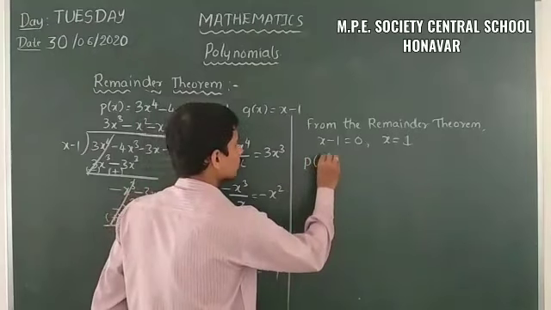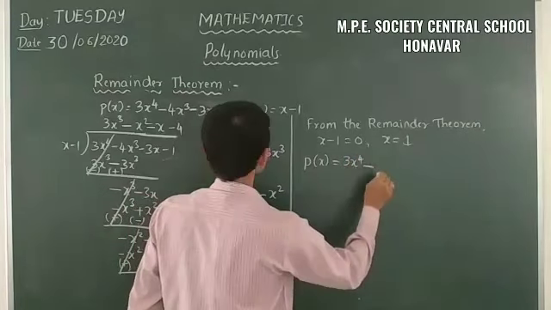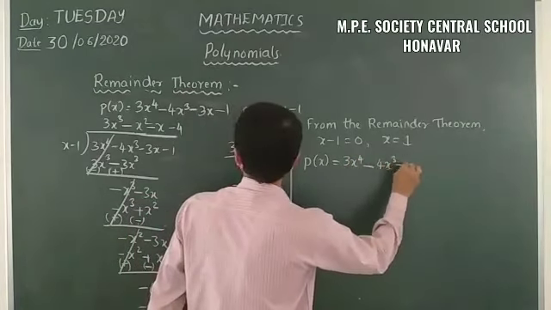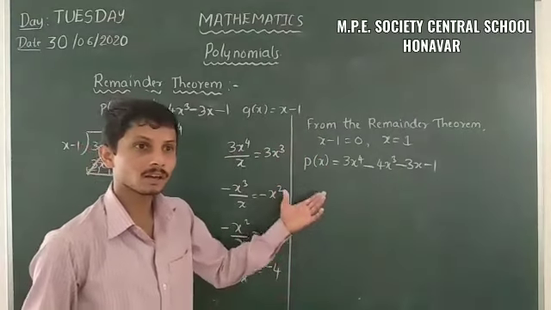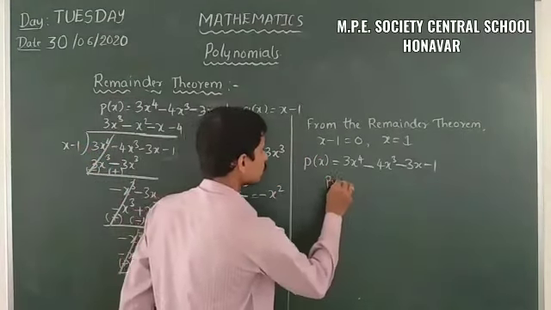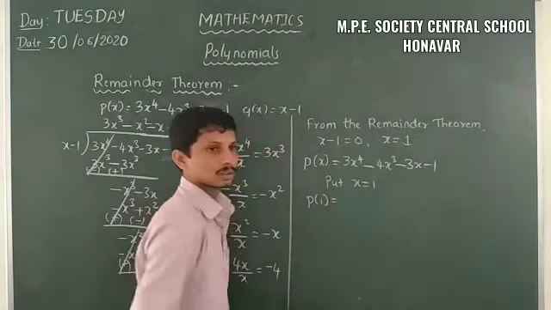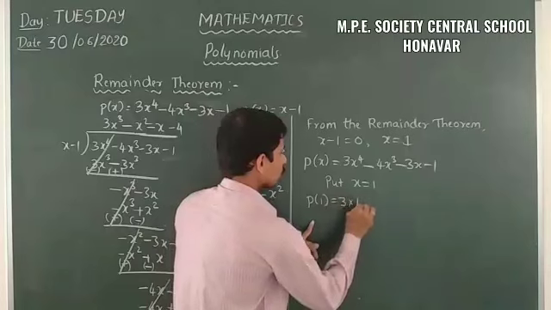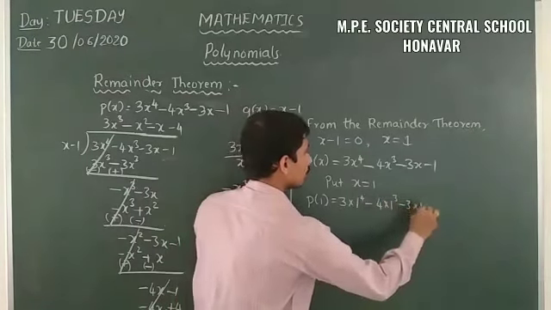So p of x is equal to 3x raised to 4 minus 4x cube minus 3x minus 1. We have to substitute the value of x, so put x is equal to 1 here. P of 1 is equal to 3 into 1 raised to 4 minus 4 into 1 cube minus 3 into 1 minus 1.